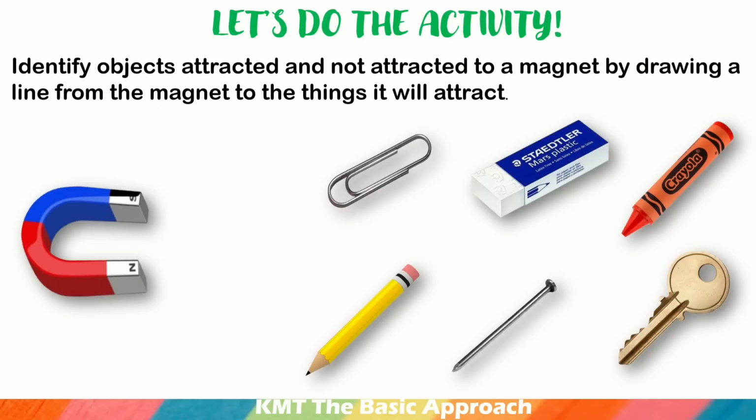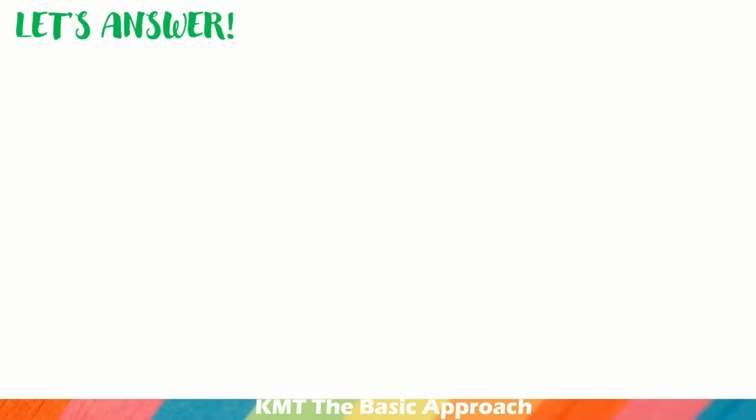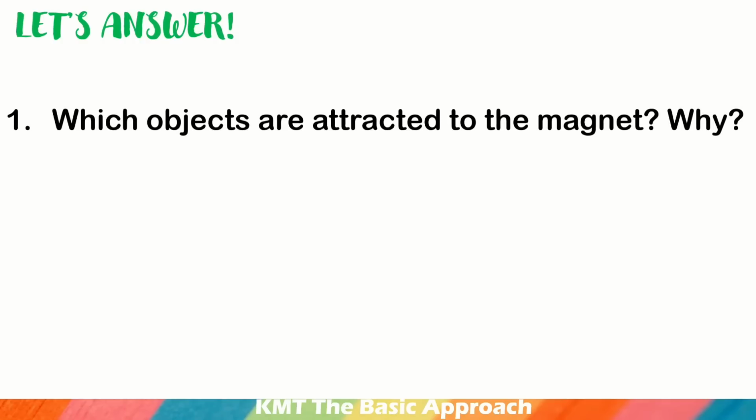Now let's answer. The magnet will attract a paper clip, nail, and key. Very good. Let's answer. Number 1. Which objects are attracted to the magnet? Why? Correct.